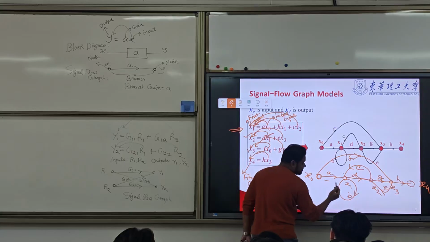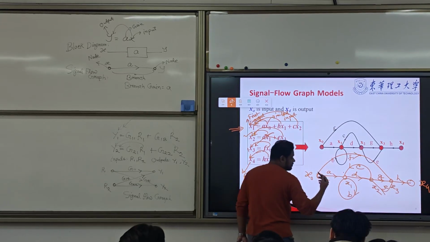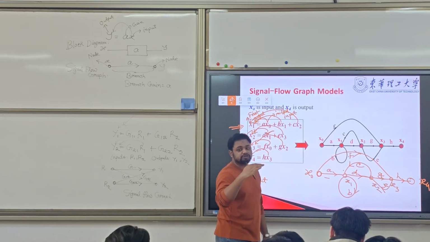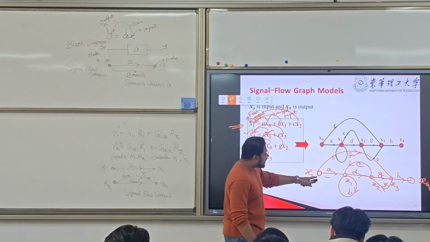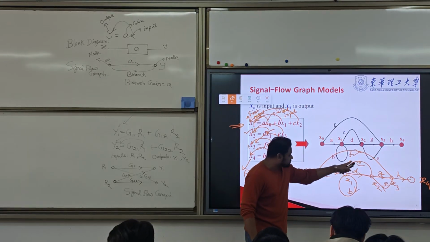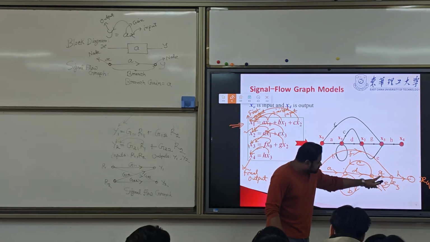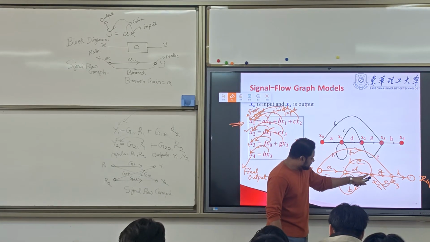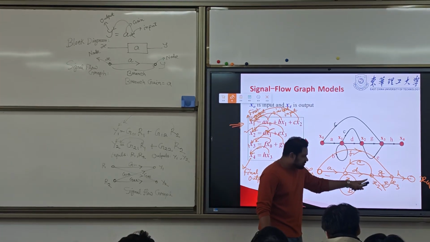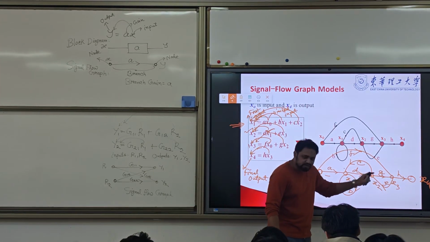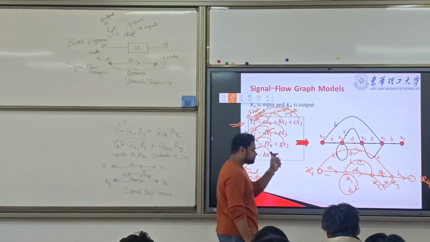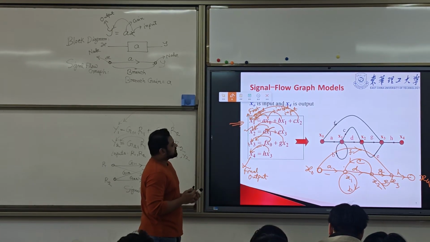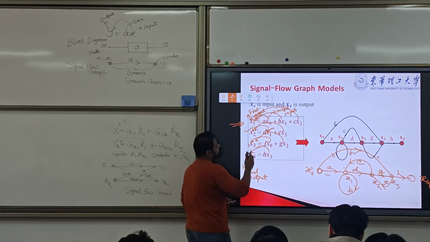We will talk about this part later on. Why did I not use the backward direction here? I'll explain it later on. So that's how we actually draw the signal flow graph for any equations.